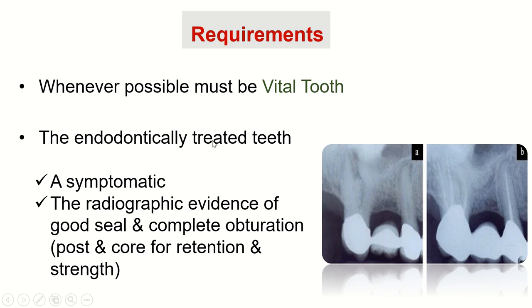At that stage, we can check if they are asymptomatic and if the radiographic evidence shows a good seal of the root canal, with complete obturation, to be used as a usual abutment, or in the form of post and core to increase the retention and strength of the prosthesis.